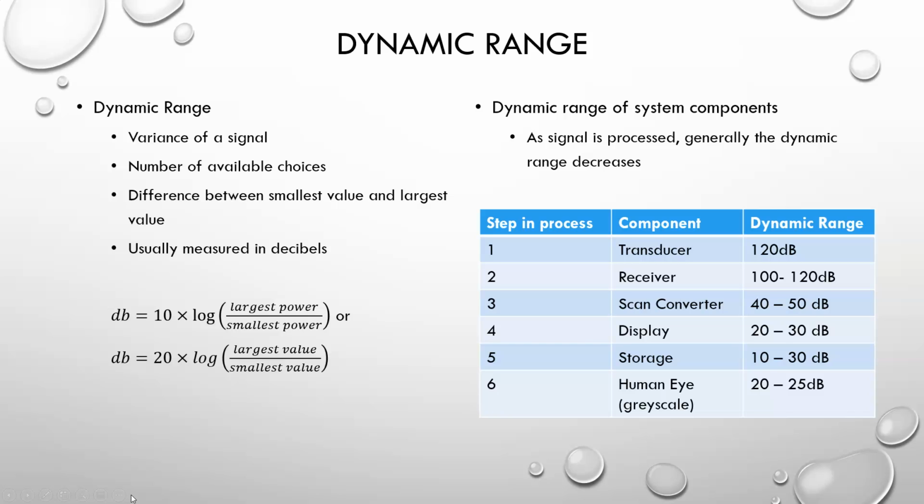And then our storage will also have a dynamic range of about 30 decibels. And the real limiting factor in imaging, especially grayscale imaging, is the human eye, because we can only see approximately 25 decibels of grayscale. So that's the actual limiting process: what we're able to perceive.